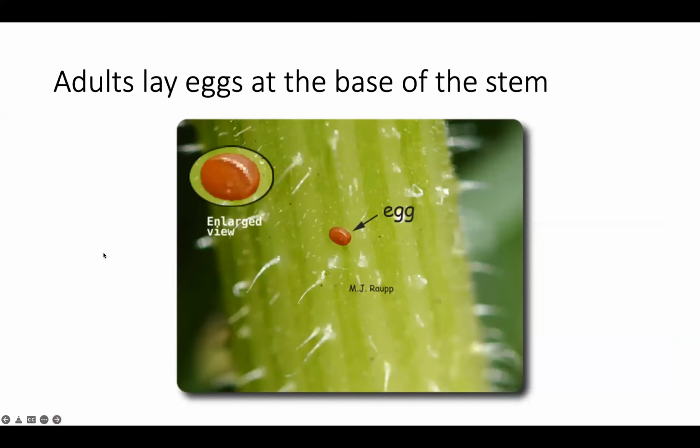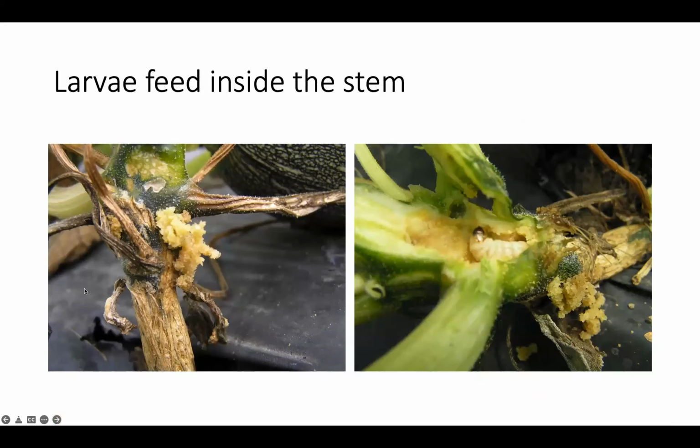What these adult moths do is lay their eggs at the base of the stem. It's a small oval brown egg, a little bit hard to see. You have to get your nose right up into the plant to be able to see it. And then those eggs hatch and the larvae immediately bore into the stem of the plant.